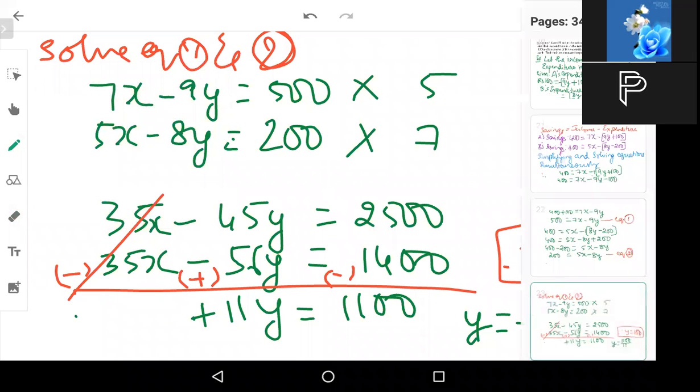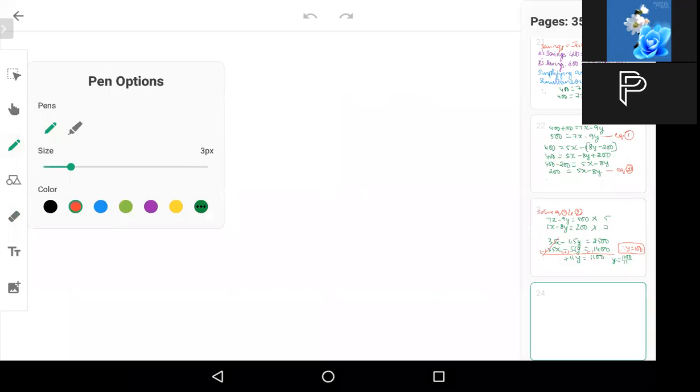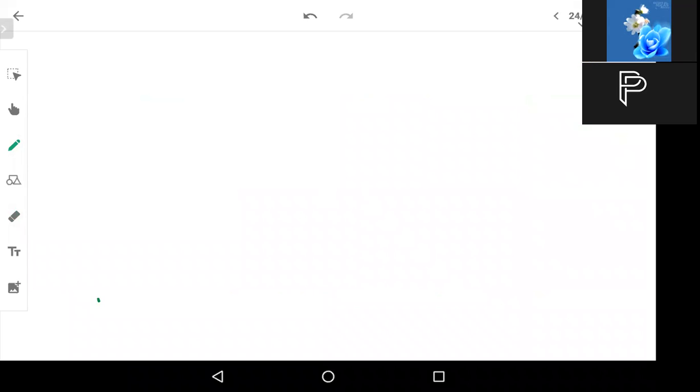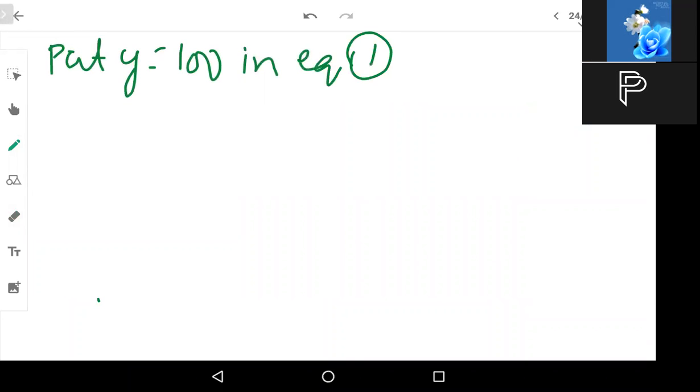Okay. Now let us substitute this in the other equation. Put y is equal to 100 in equation 1. What is equation 1? 7x minus 9y is equal to 500.